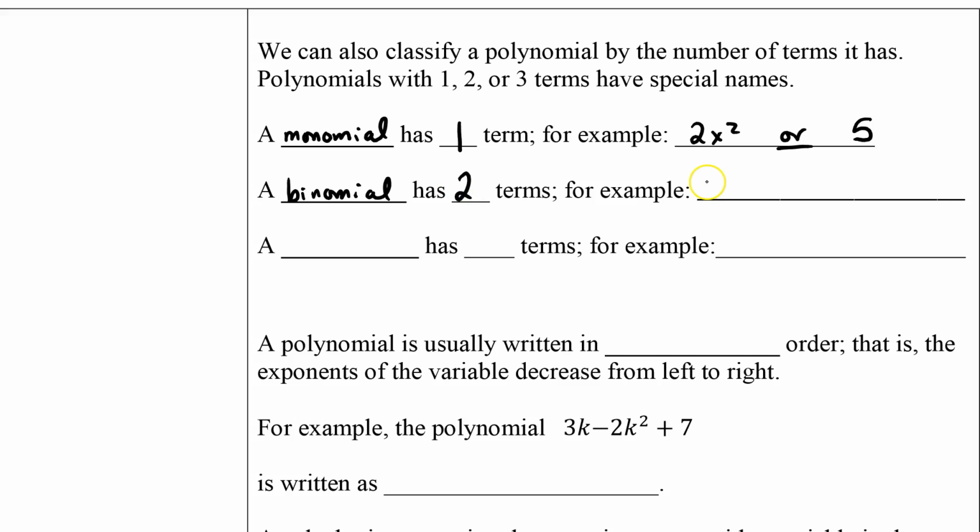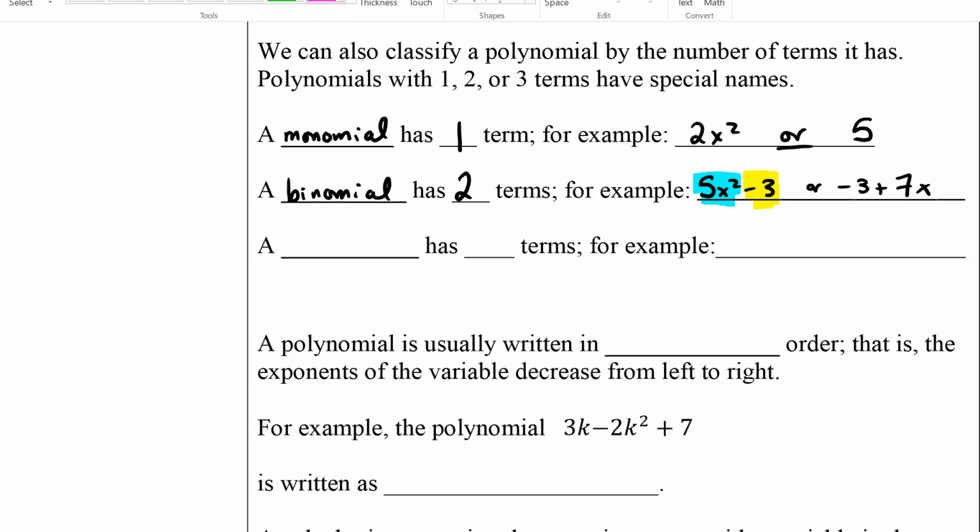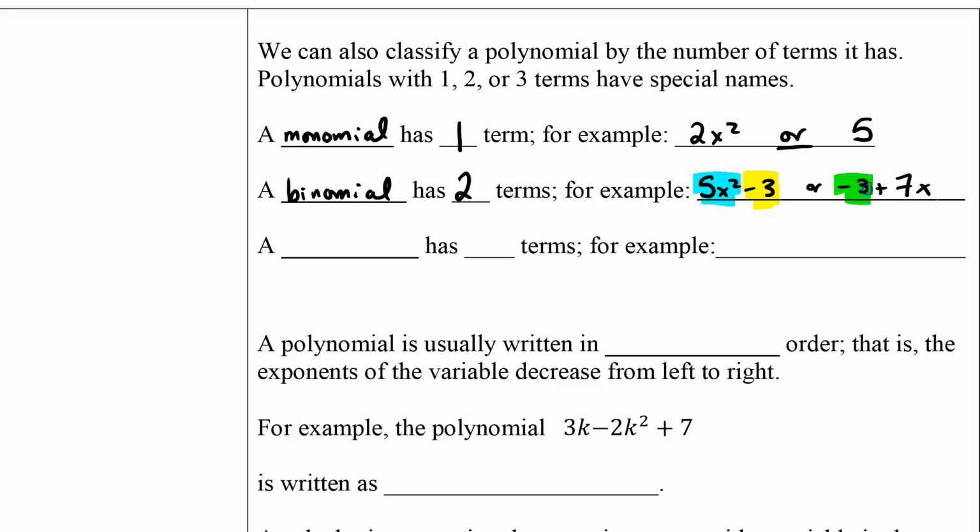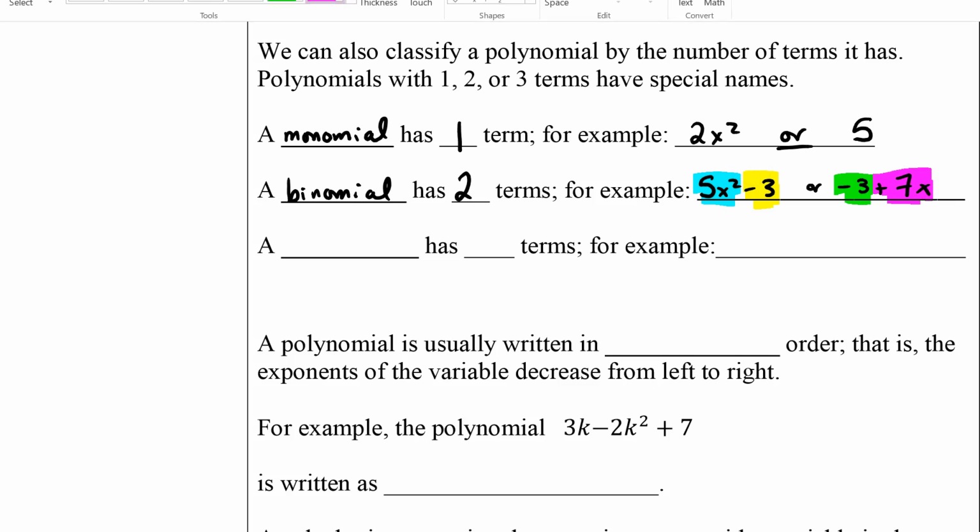For example, 5x squared minus 3, or negative 3 plus 7x, because we have 2 terms in that. So here's one term separated by a negative sign. Here's another term. This one is one term and another term. Okay, so each has 2.